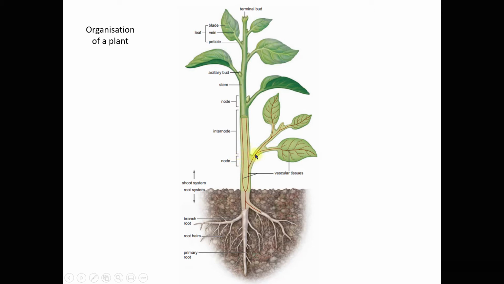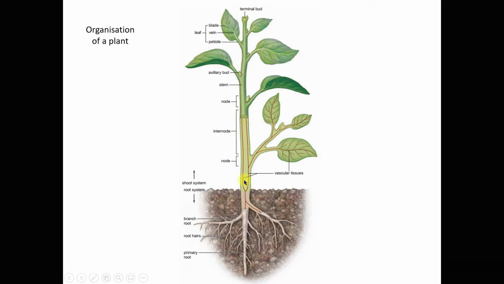Between one node and another node is an internode. So this is an internode, and this is also an internode. The place where we have the internode and node is known as the stem.